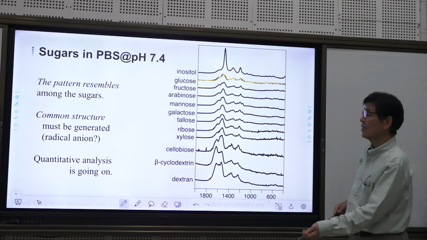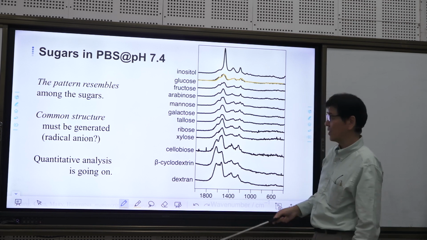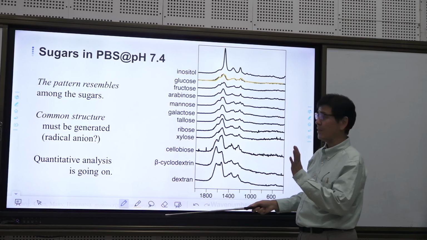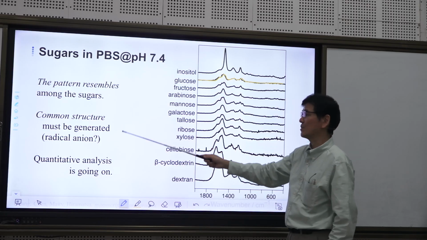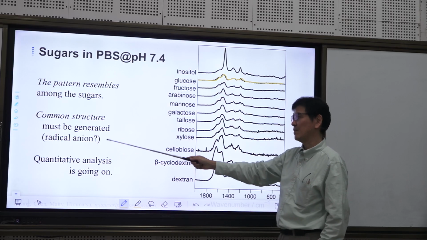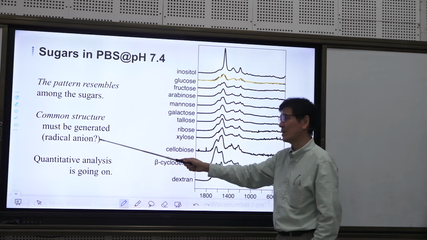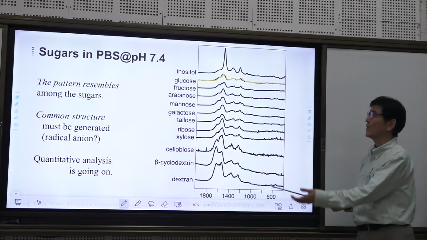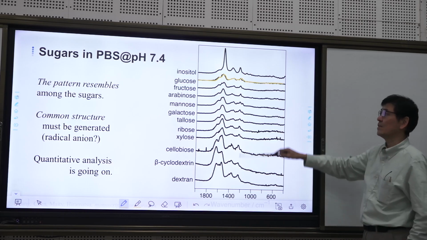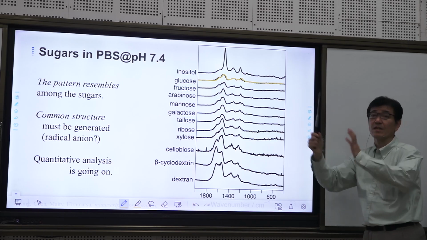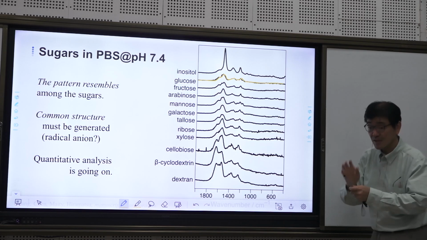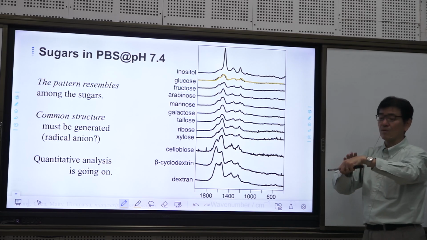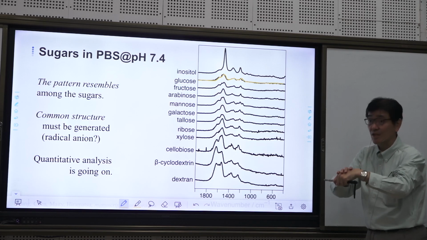Now I'm thinking about trying to elucidate what the common structure is. It may possibly be the radical anion, and I want to know which sugar is most susceptible to radical attack. That is related to the damage of sugars in our body.